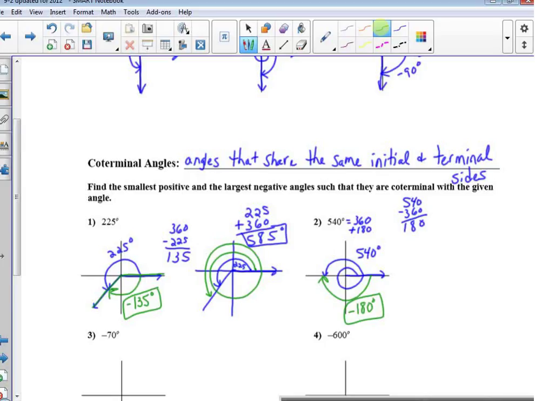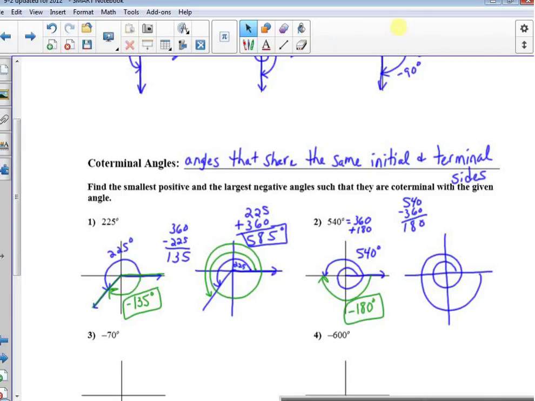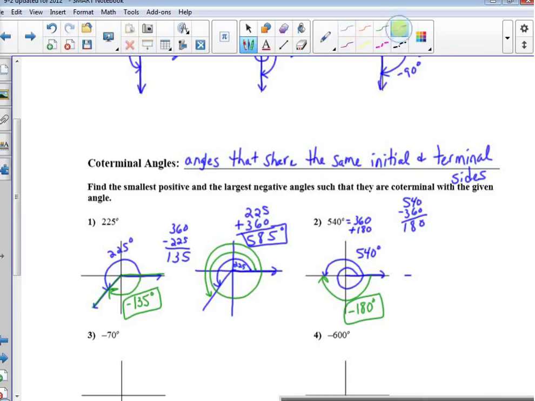Now, to find the one that is the smallest positive, so I've got 360, I think I went too far there. I know I did. Got a little crazy with my spiral. Let's try that again. Okay, so 360 and 180.